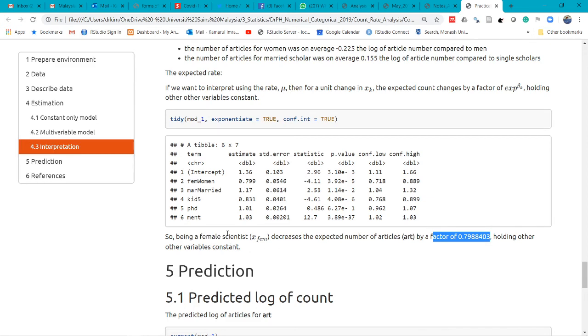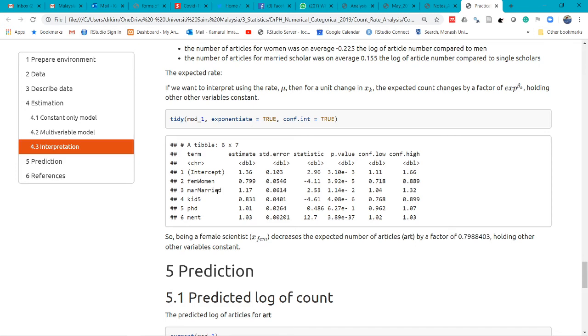Okay, so if you are women based on this study, then the expected number of articles is less than men, and it is less by a factor of 0.7988.